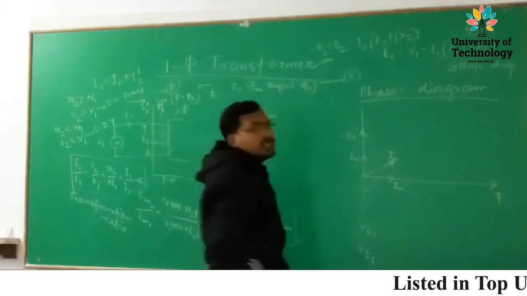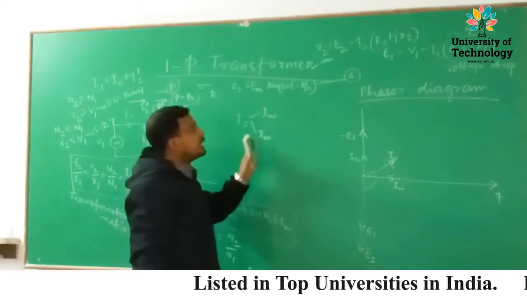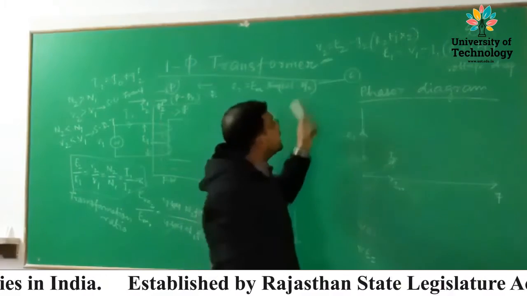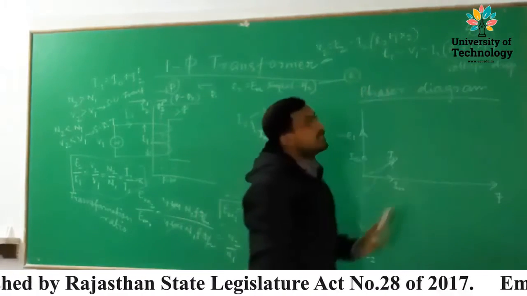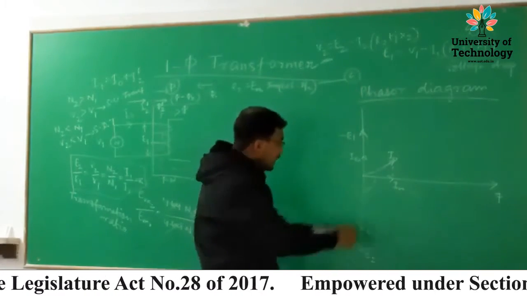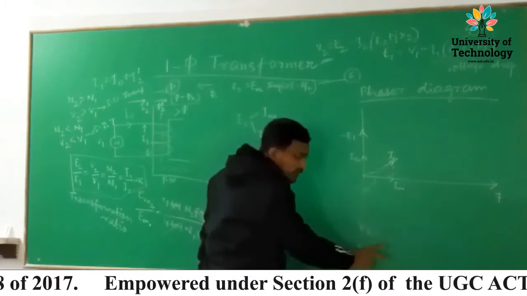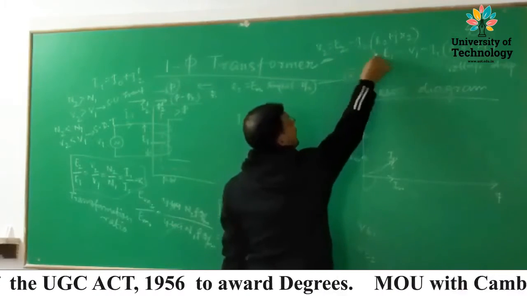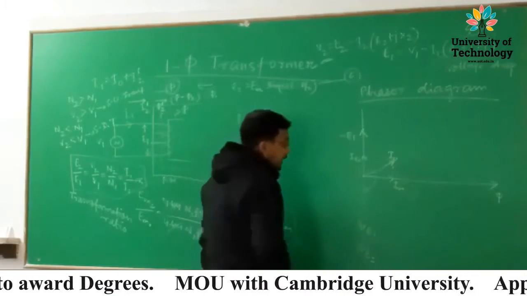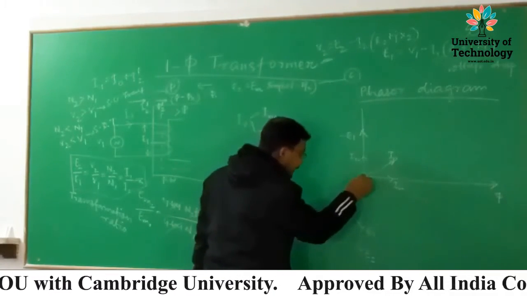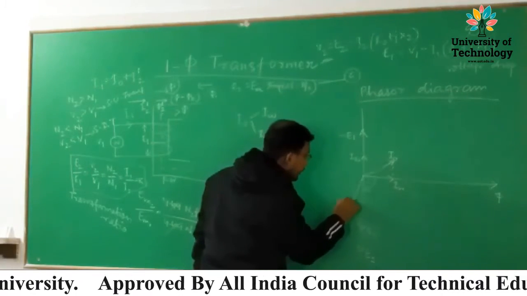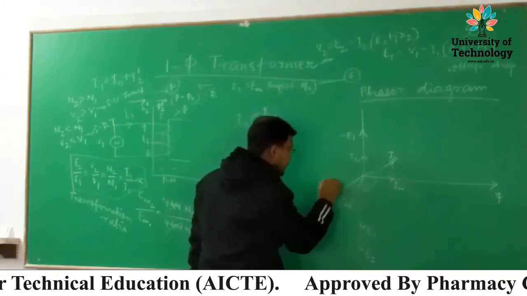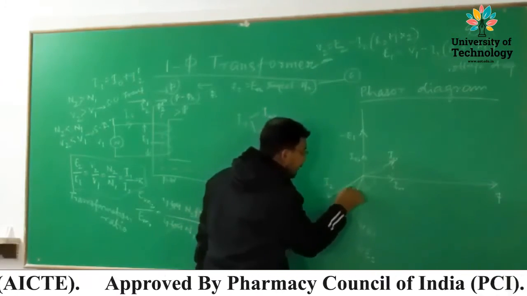That means V2 is the load voltage on the secondary side, which is less than the induced voltage on the secondary side by the term I2 into (R2 plus jX2). Now what we are doing is, if this is the voltage V2, again V2 is the vector sum of E2 and these two. Now if we draw the vector V2, the current I2 will lag the voltage by an angle phi 2.